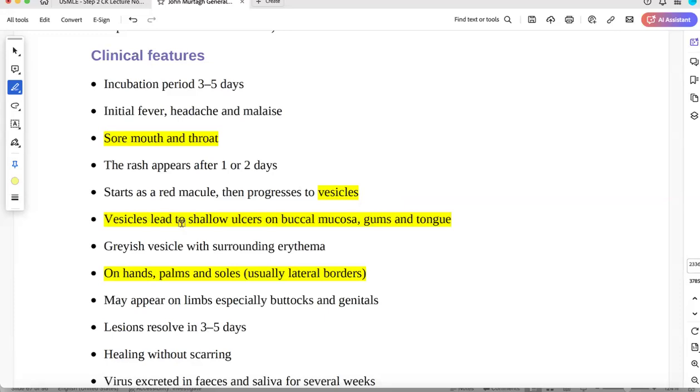It mainly involves the hands, so palms and soles, and the mouth. Because there will be ulcers and sores in the mouth, the child will be very irritable, and they might even stop drinking water. So there is a high risk in these patients of getting dehydration.